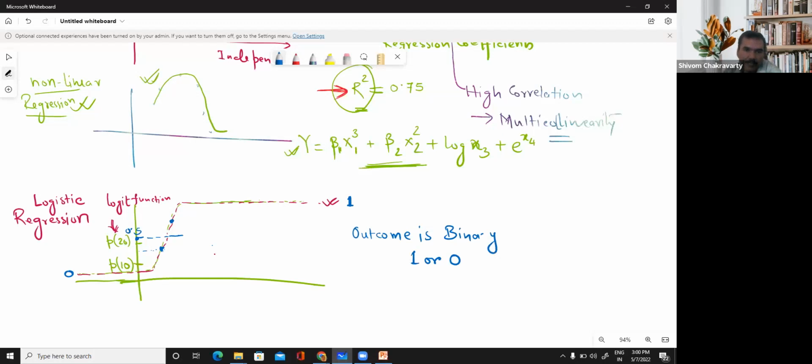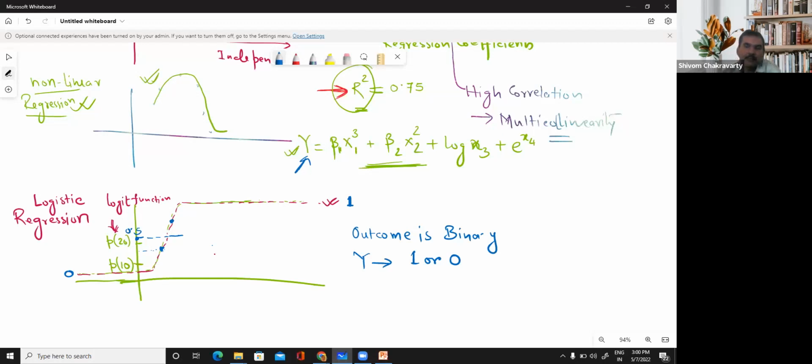When the probability is less than the threshold probability, that is less than 0.5, we will say the outcome is 0. When the probability of an outcome is greater than 0.5, we will say the outcome of this logistic regression is 1. So the dependent variable, this y, in this case will be 1 or 0, binary. So this case is of logistic regression.